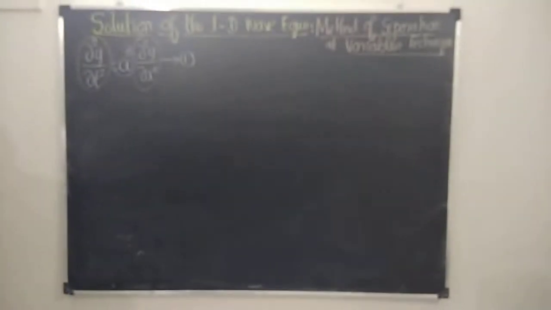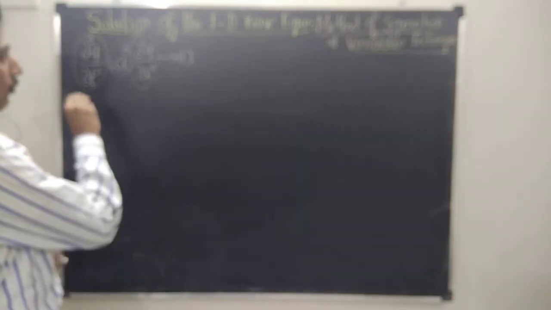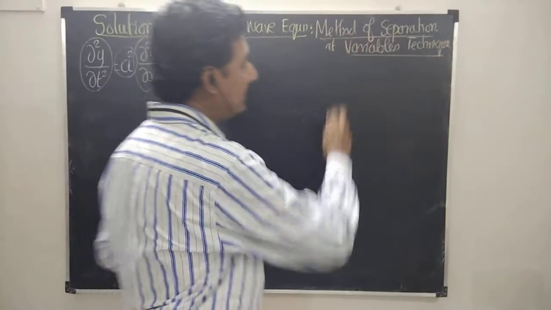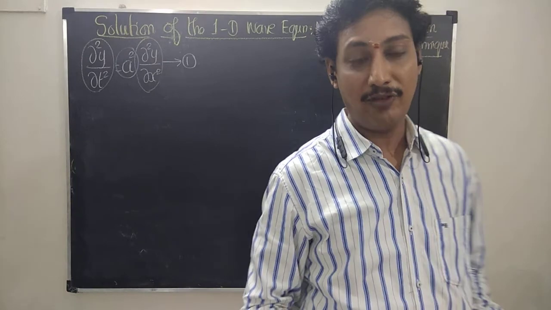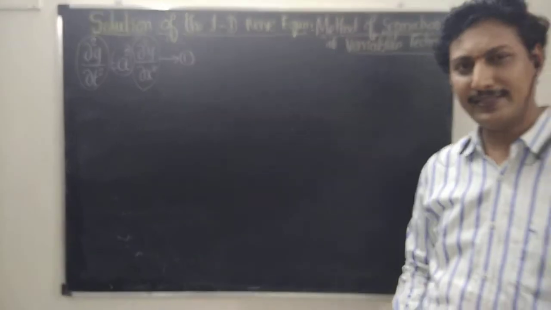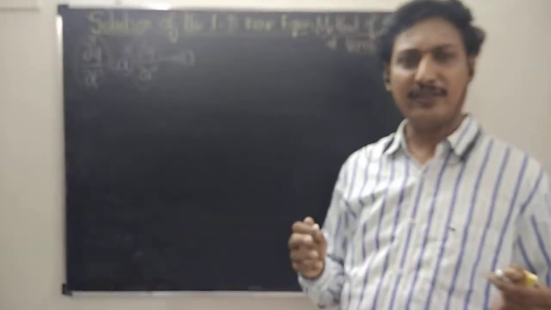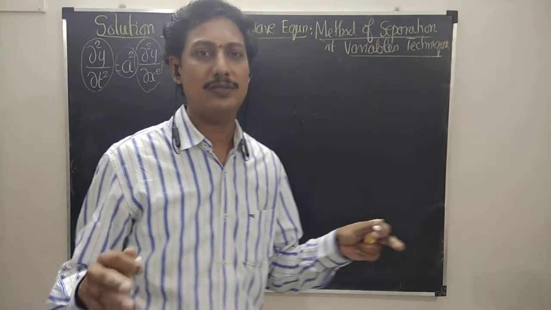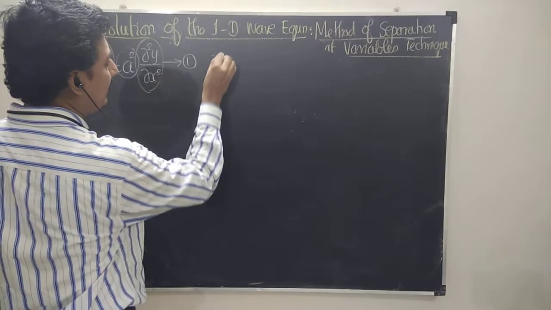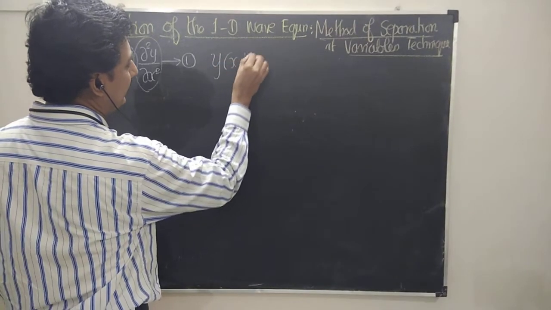Now, my aim is to solve this equation number 1 by using the method of separation of variables technique. What is the method of separation of variables? We can separate the variables. What are the variables here? y is a function of x comma t, isn't it?